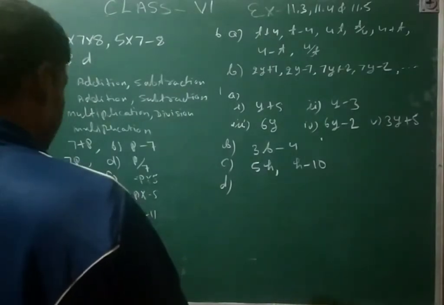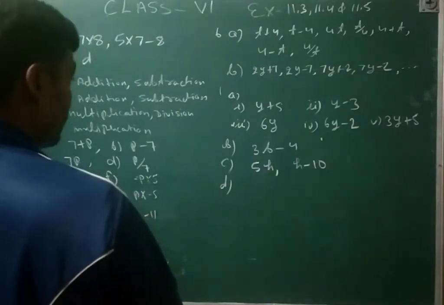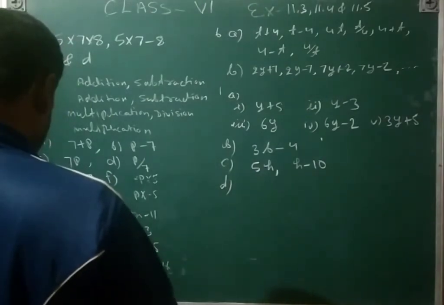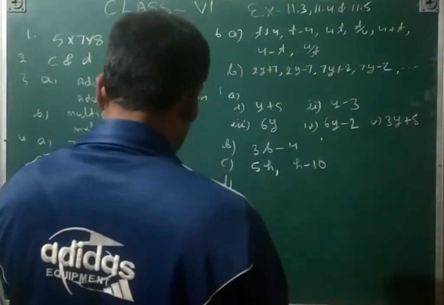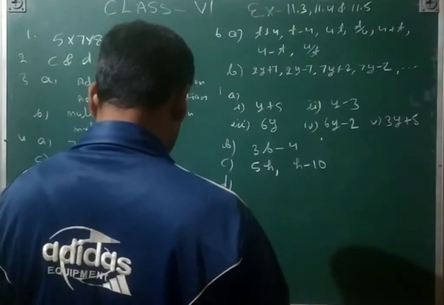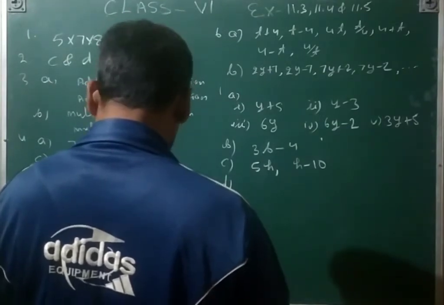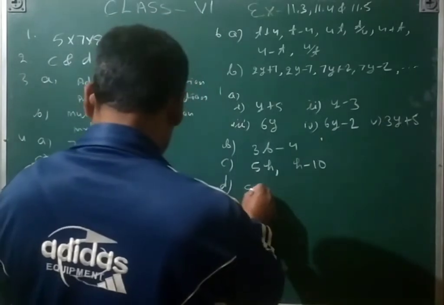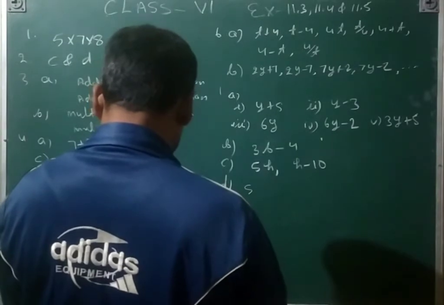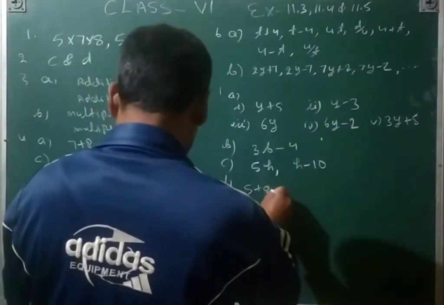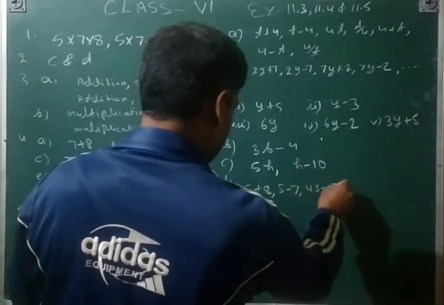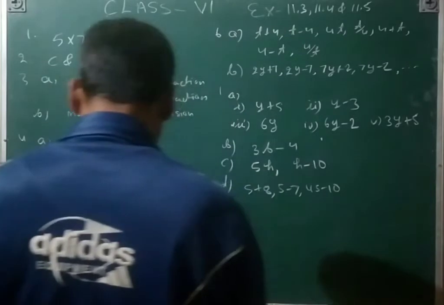So that will be s plus 8 first of all, then s minus 7, and then 4s minus 10. 4s minus 10.